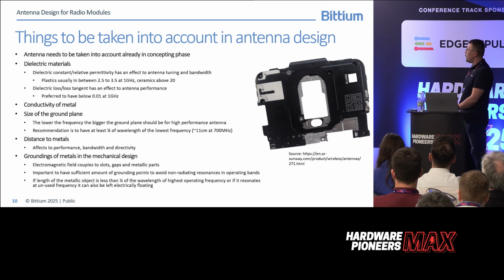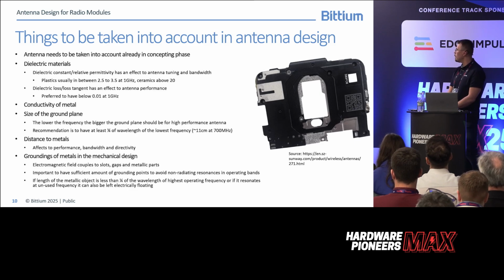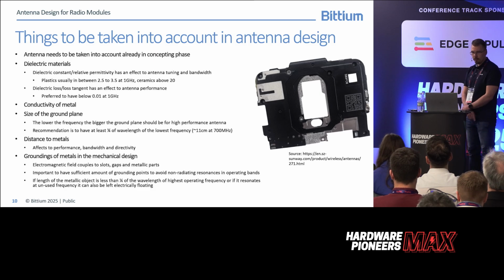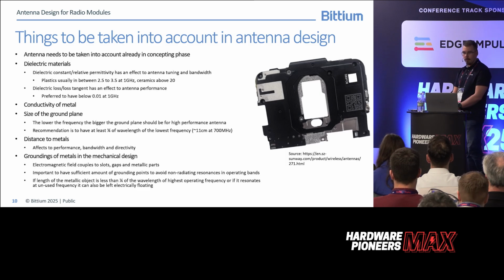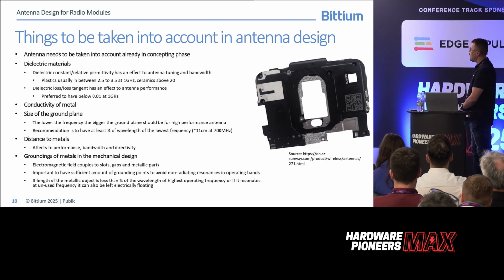And we prefer to have a loss tangent of less than 0.01 at 1 gigahertz. Then the conductivity of the metal is one key factor. If you are using very poorly conductive metals, your antenna performance will be degraded. So use highly conductive metals like copper or aluminum and so on.